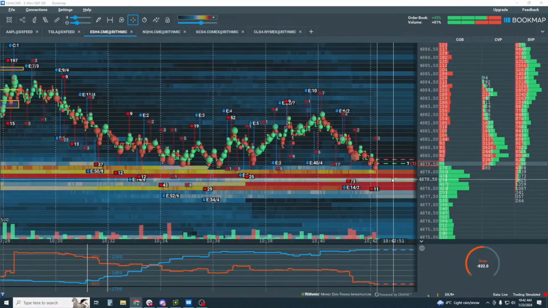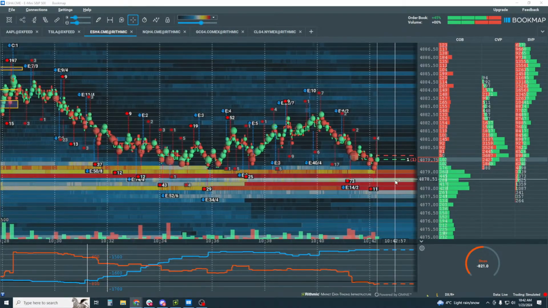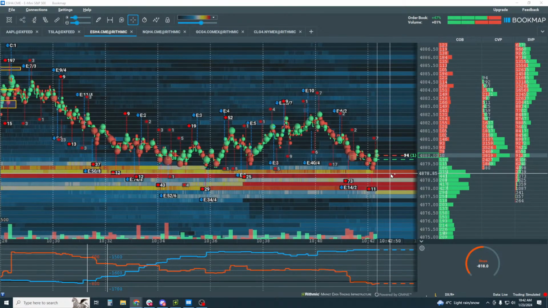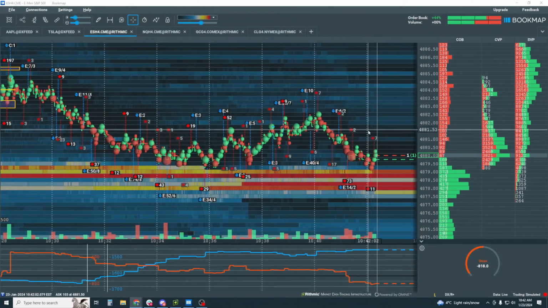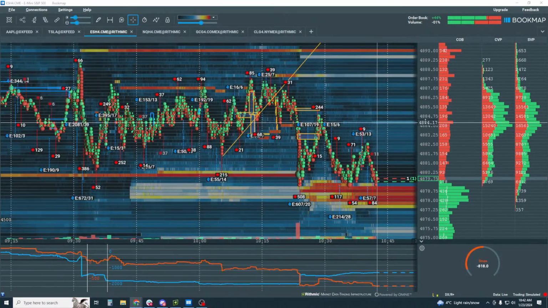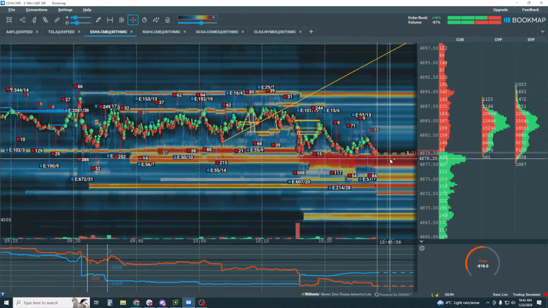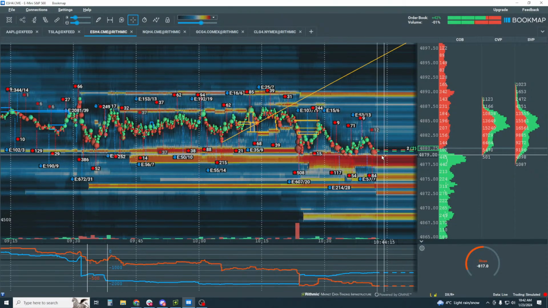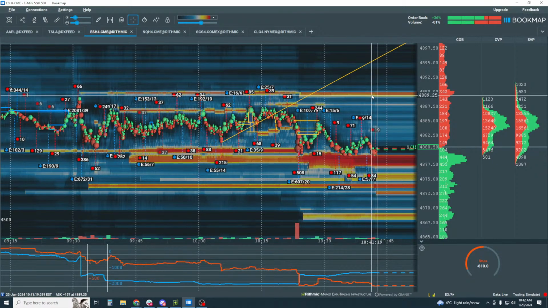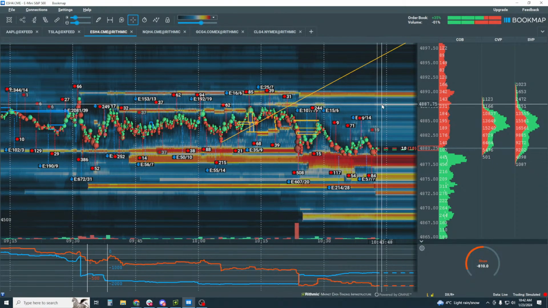So there is a market for it, and these buyers will likely find their sellers. Now that's the bigger picture. If they don't find them, and instead we find aggressive buyers, then they'll veer away from this, and it's not a magnet any longer. Maybe the magnet is on the other side, the majority of the sellers up in these areas here.